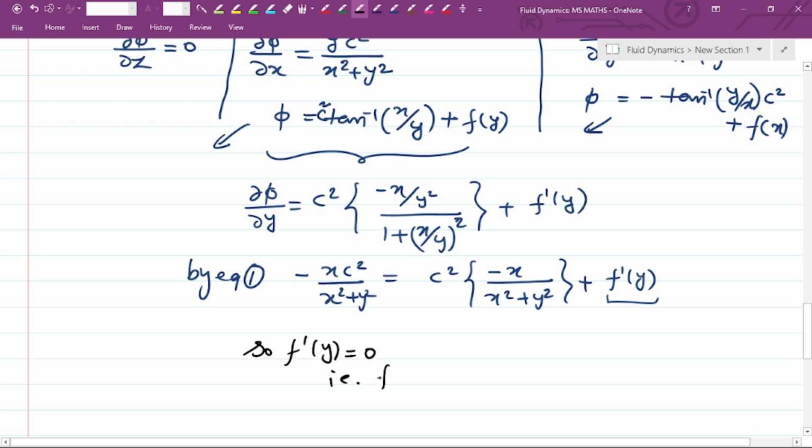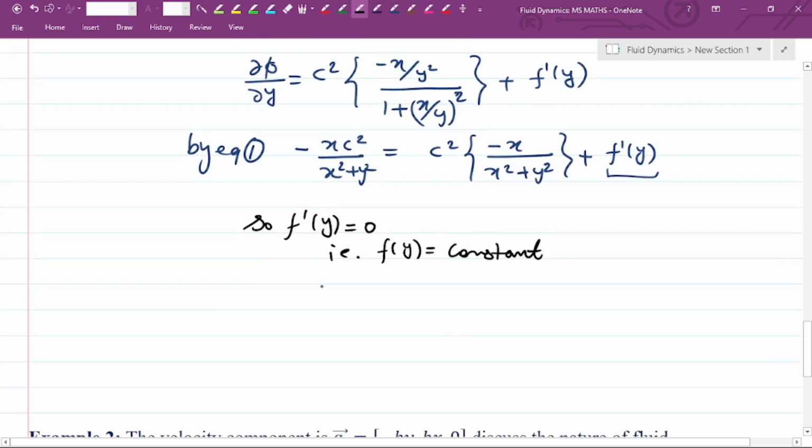It means the function of y should be constant, since its derivative is 0. So the potential function is phi equals tan inverse x upon y into c square, plus some constant c.